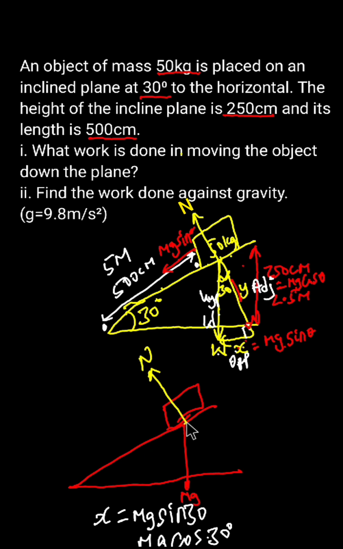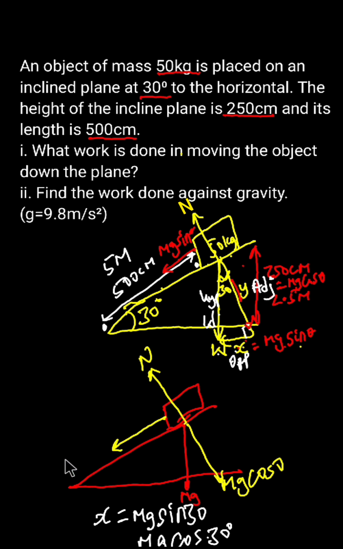This is the y component of this weight force acting downwards, and the value is mg cosine theta. That's the value of y that we found, and then we have the value of x as mg sine theta, which I said is parallel to the inclined plane, and so this is how it is going to be.